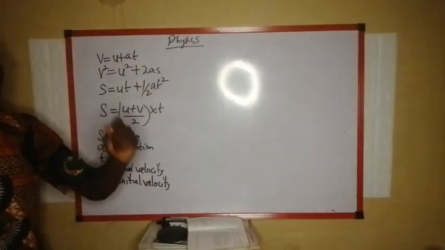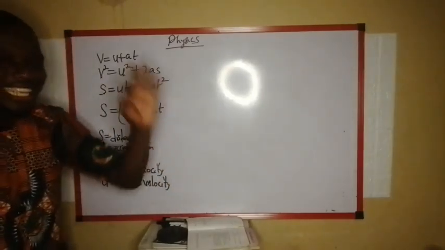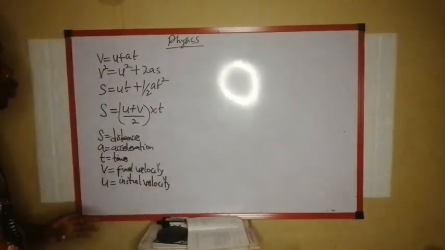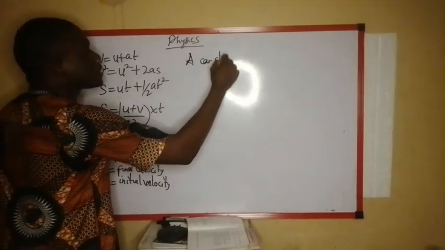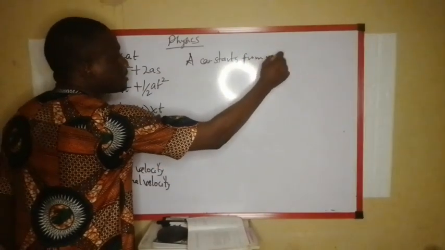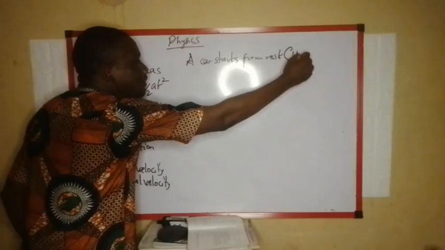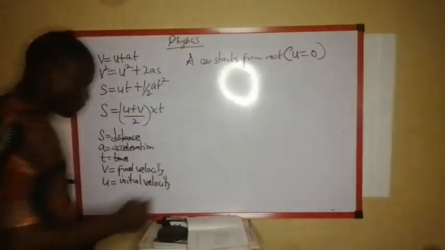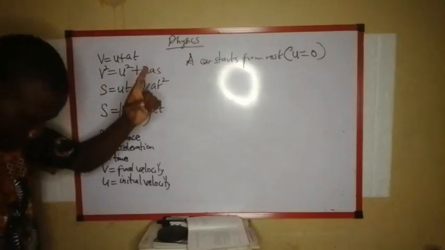That situation implies that the initial velocity is 0. So in a situation where a car starts from rest, it implies that the initial velocity is 0. Initial velocity, that's U, is 0.